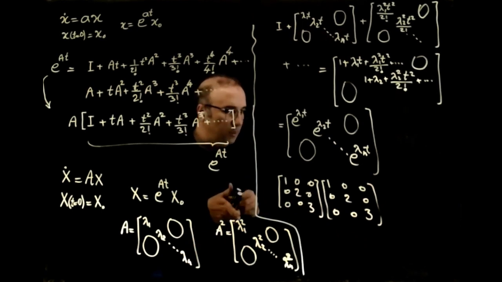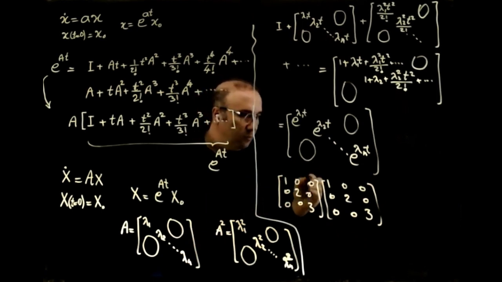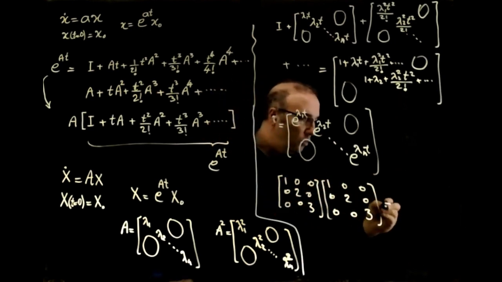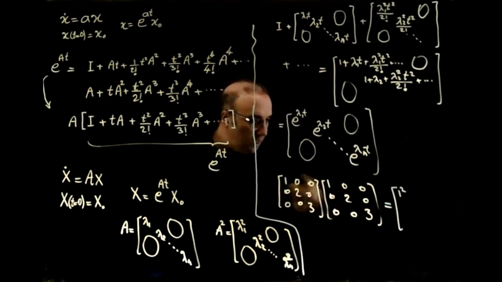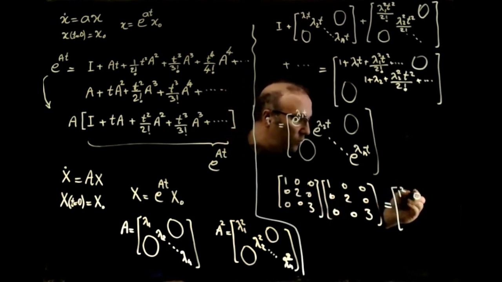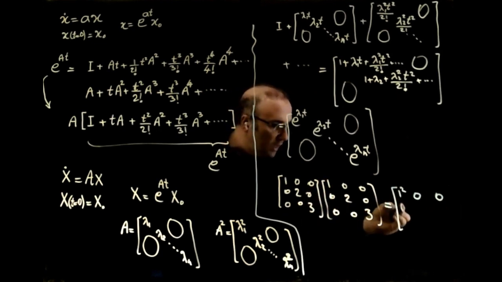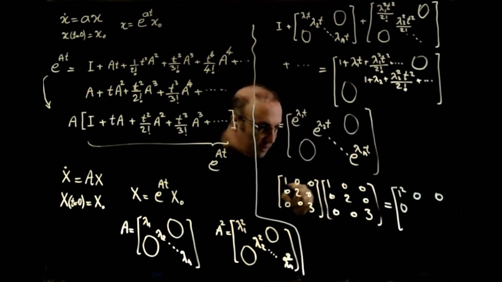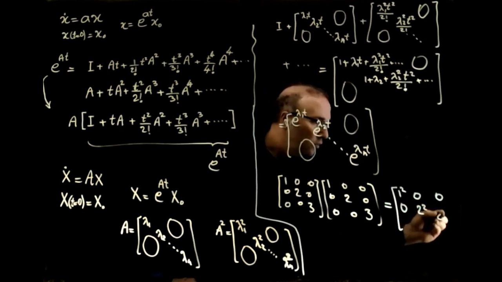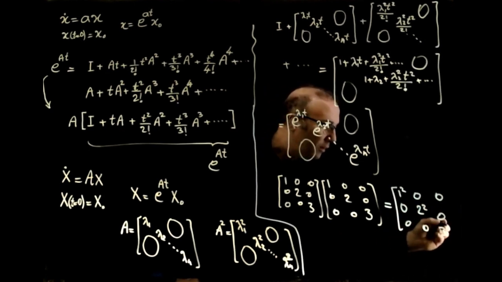If we do matrix multiplication, we have 1 times 1, which is 1 to the power of 2. Then because the corresponding terms are 0, it remains 0, 0. The same thing here, it would again be 0. Then the next would be 2 to the power of 2, and 3 to the power of 2.